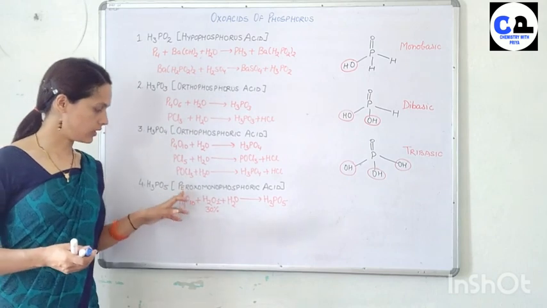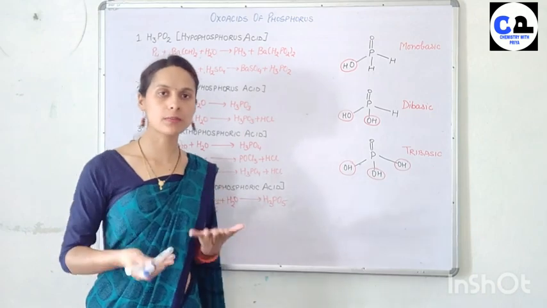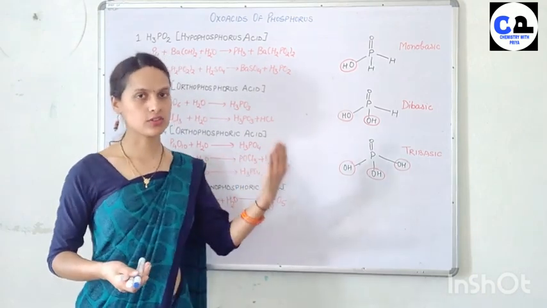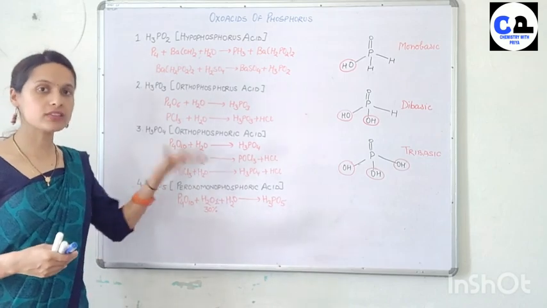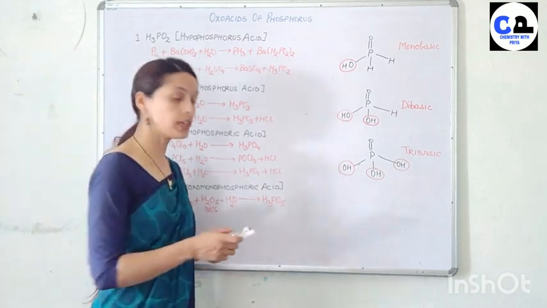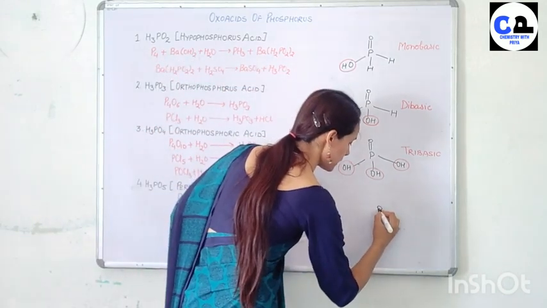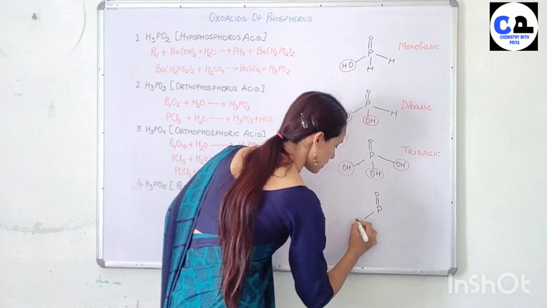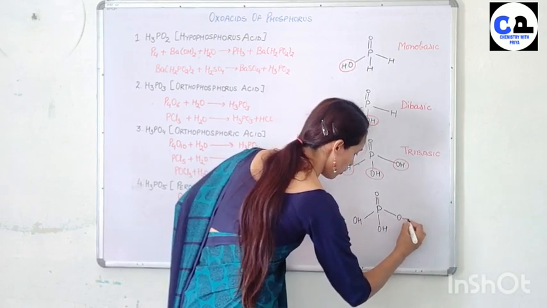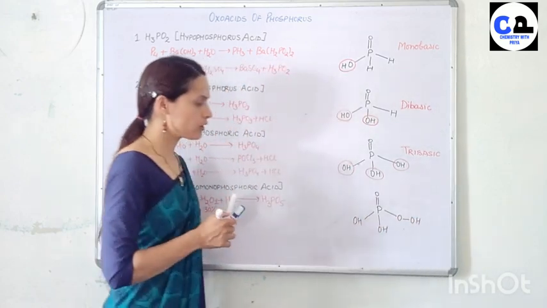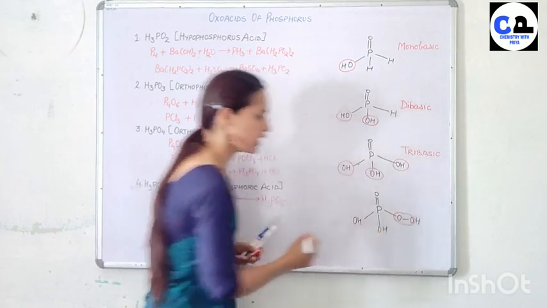So when P4O10 reacts with the 30% aqueous solution of hydrogen peroxide, then we get peroxomonophosphoric acid. And why is it known by this name? Because of its structure. Its structure has P double bond O, single bond OH, single bond OH, and a peroxy linkage with OH.